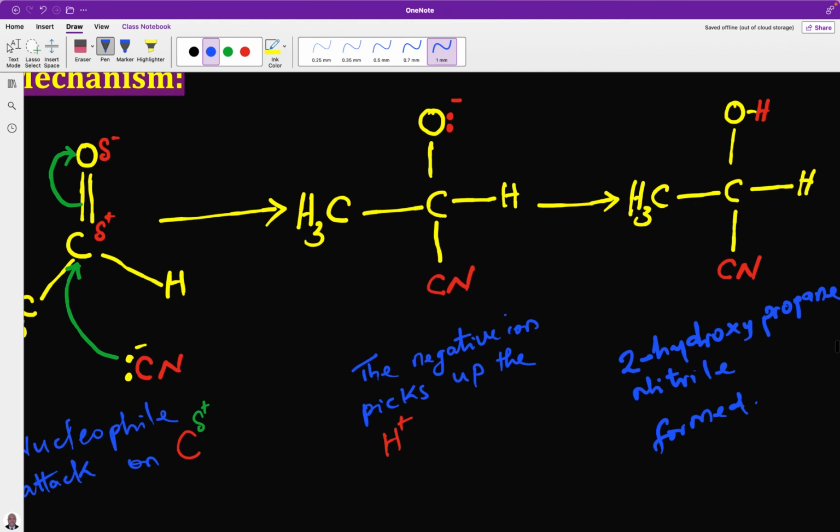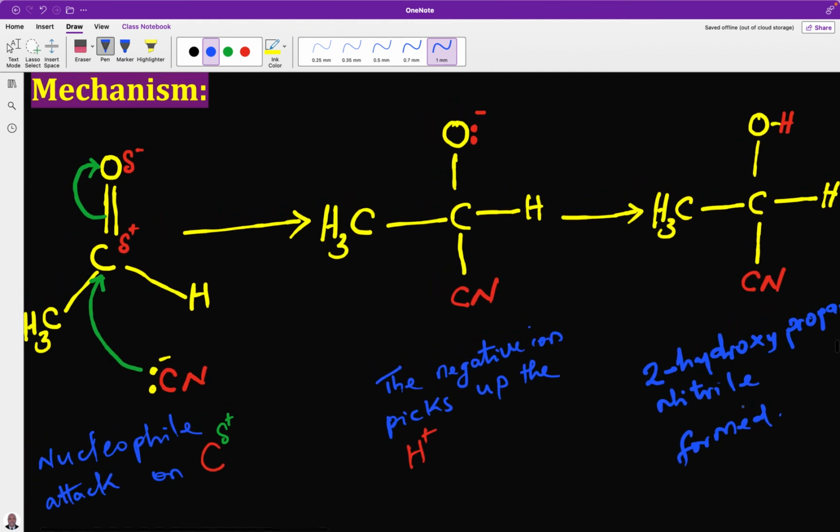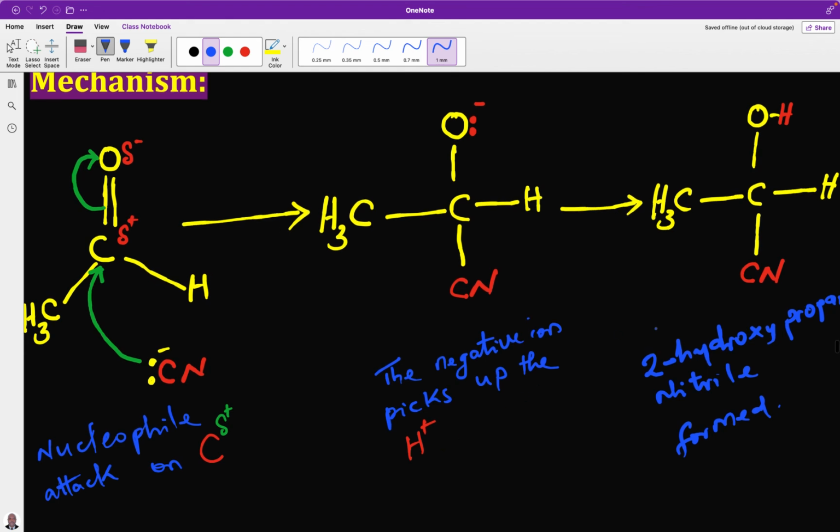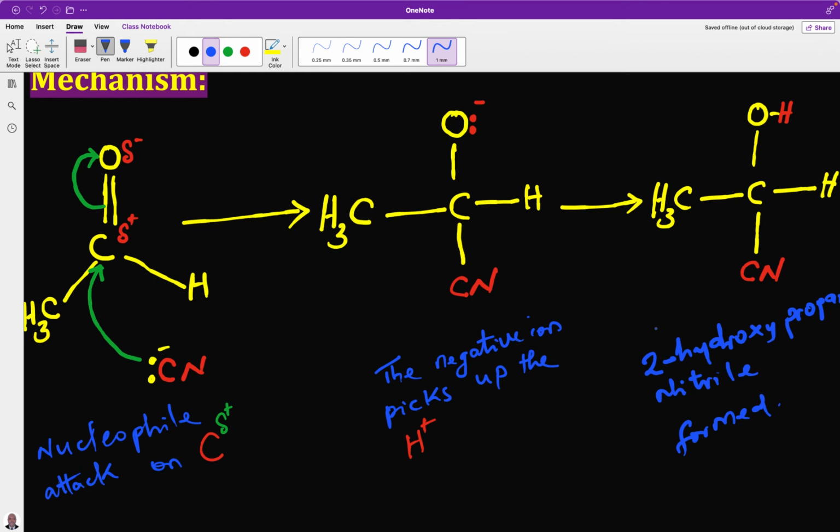So that is how the reaction is going. Nucleophile attack on the partial positive carbon, then to form the negative ion. The highly reactive negative ion picks up the hydrogen ion in solution. Now there is the formation of 2-hydroxypropanenitrile. That is how the mechanism takes place in a nucleophilic addition of cyanide with the aldehyde.